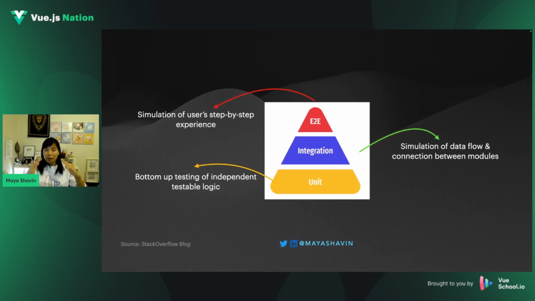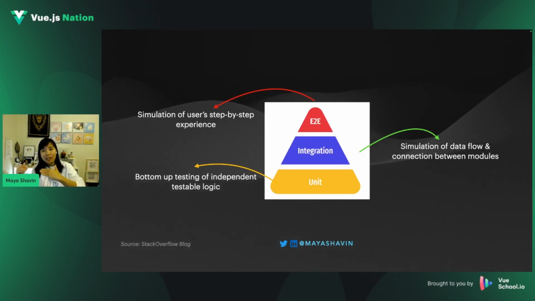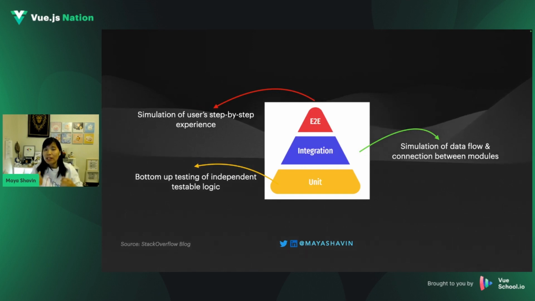Integration is the layer above unit testing, where we do all the tests that simulate the data flow and the connection between different pieces of code. And lastly is end-to-end tests, where we simulate the whole flow from backend to front end with the actual API, nothing mocked, just to simulate the actual user step-by-step experience and see whether it works as we expected or not.